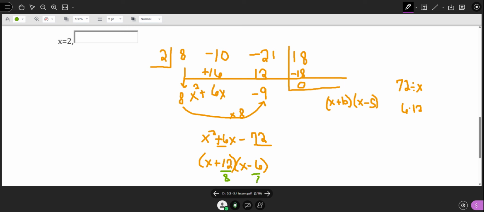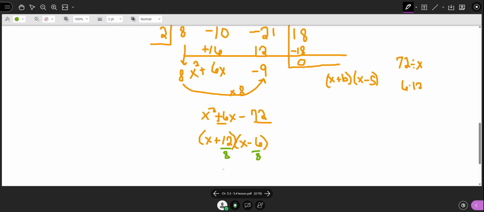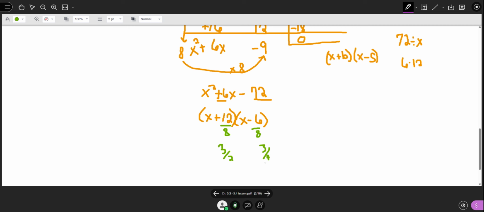That gives us 3/2 and 3/4. So that 4 comes out front, and that 2 comes out front. Oh, wait a minute.